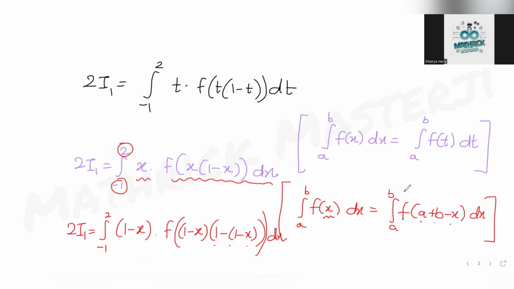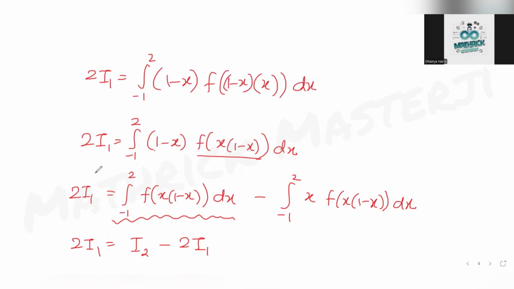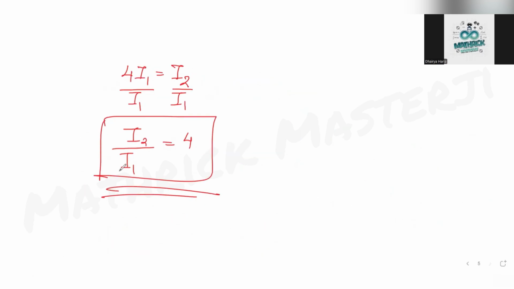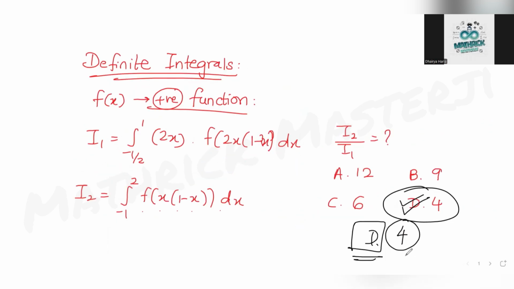Then I applied the other property, which says that instead of x you can replace it with the sum of the limits minus x. Using that idea, I got I2 in terms of I1. Then I simplified and got the ratio of the two integrals as 4, which becomes my answer choice D.